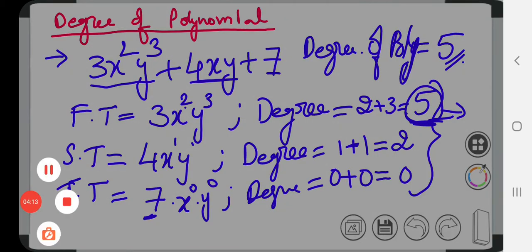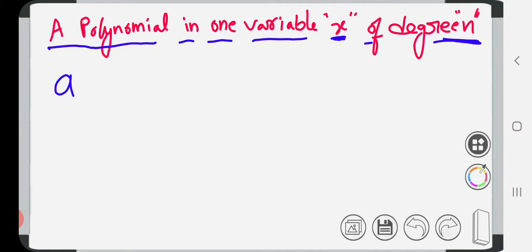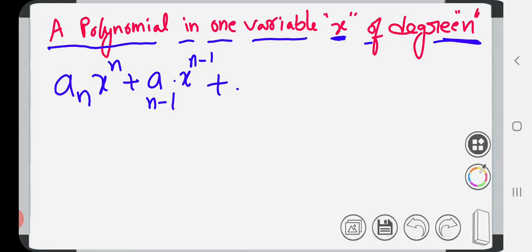Okay. Now we are writing a polynomial in one variable x of degree n. This is called the general form of the polynomial. So we can write this as a_n x power n plus a_(n-1) x power n minus 1 plus and so on, a_1 into x plus a_0.